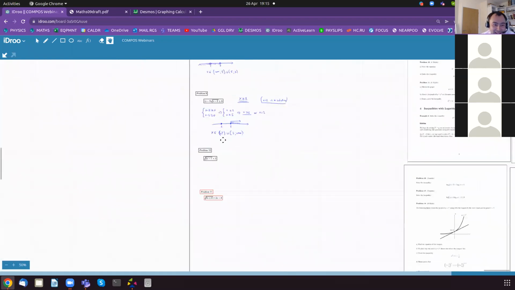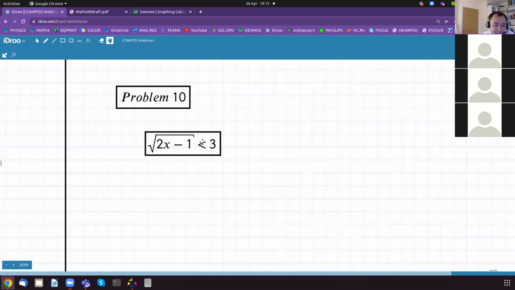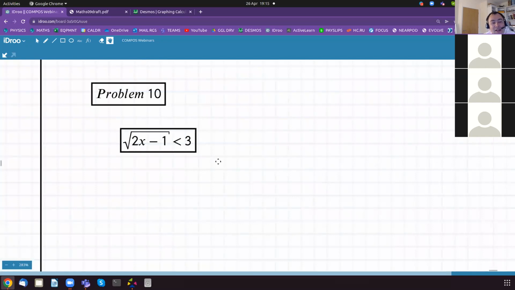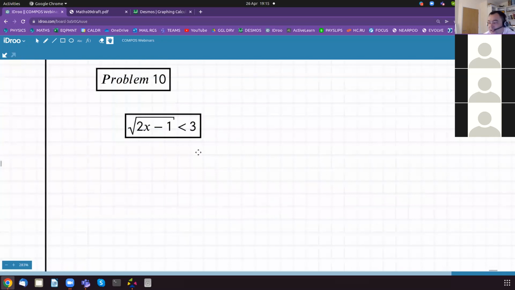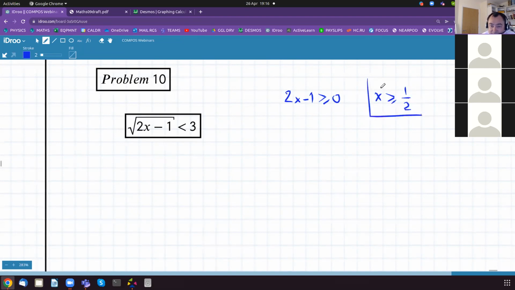Now this one is a tiny bit harder, and here the best way to do it is just to consider what we see in front of us. Well, first we have 2x minus 1 is less than 3. Of course, we have to write that 2x minus 1 has to be greater or equal to 0. It's not possible otherwise. So x is greater or equal to 1/2. So we can only consider the values that are this.